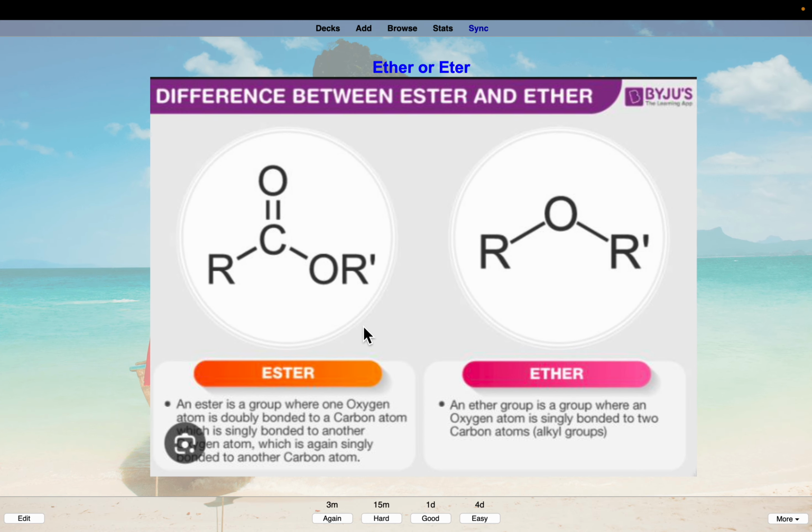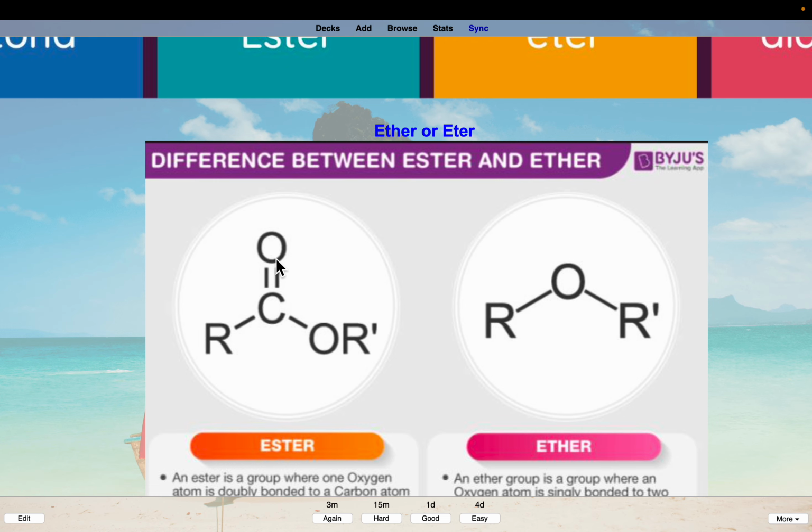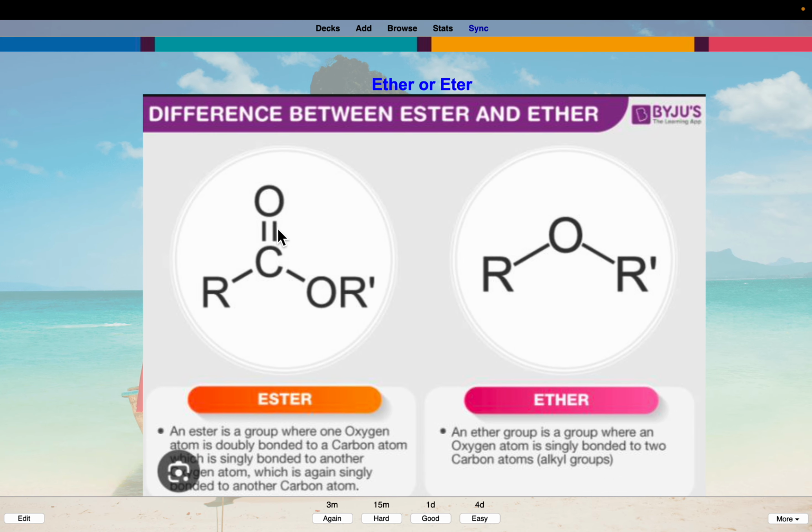So ester looks like this, and ether looks like, well, just to help you remember it, just call it ROR, ROR. And ester has a more complicated figure, R and OR. And there's a double bond, so I think that's worth noting.